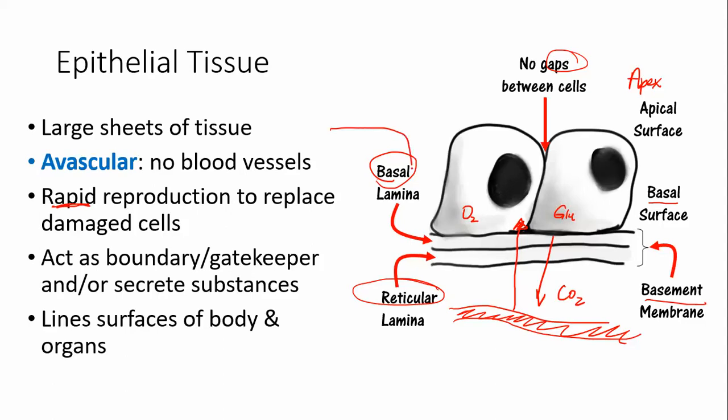Let's say that this was another cell and there was a gap between these cells. Any sort of bacterium that was nearby would be able to then come in through that hole and would be able to infect the body. So you don't want that kind of gap in your protective layer.